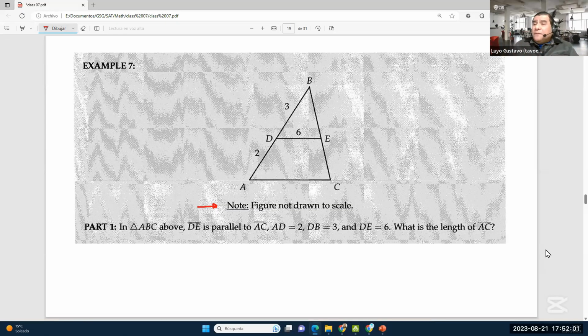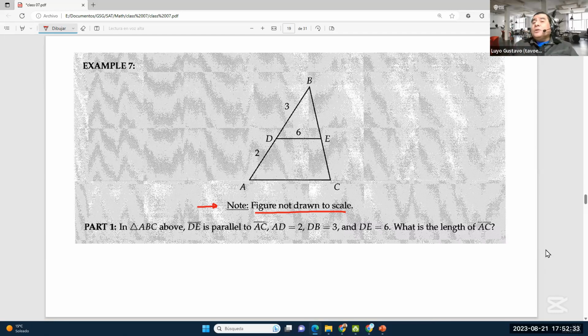When they tell you figure not drawn to scale, imagine that it is a way that the exam makers are recognizing that the figure is distorted, or deformed purposefully. Be careful. Don't make many inferences or conclusions based only on the diagram. Apply the properties, do your calculations in order to get to the correct answer.